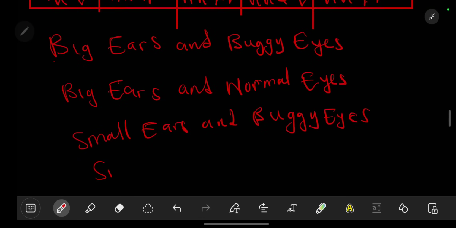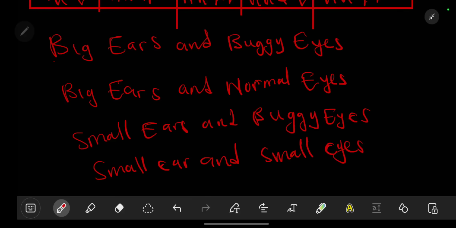Last but not the least, we have small ears and small eyes. Sorry, not small eyes, but they were using the word normal eyes like that.